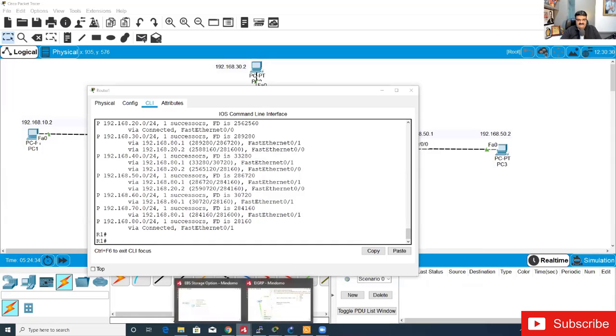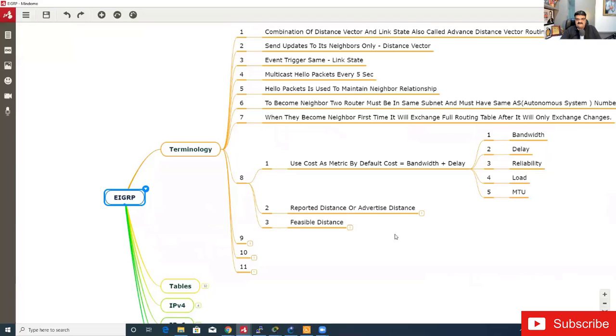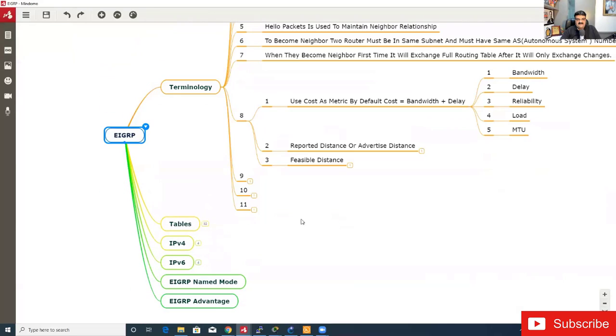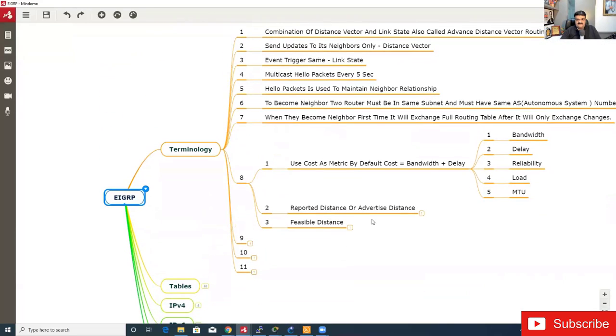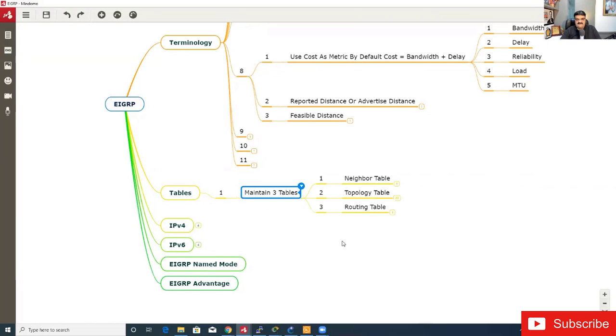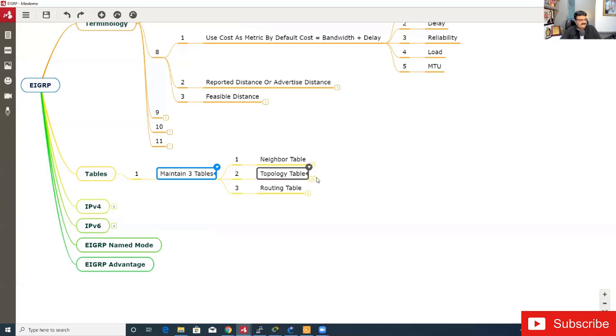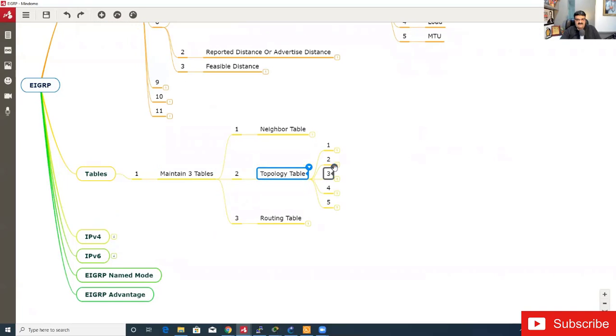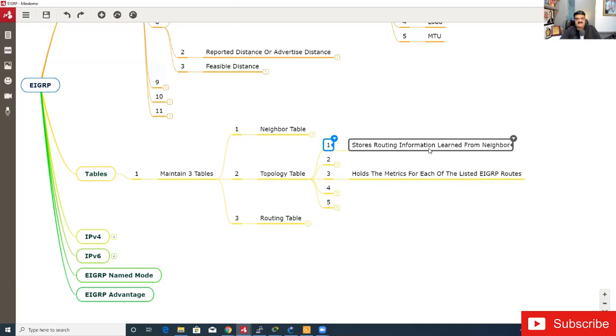Now, let me open my mind map so you can understand. See this. We have a table. In the table, we have this topology table, right? Got it. Actually, my monitor was problematic. So, in the topology table, it stores routing information learned from the neighbor.